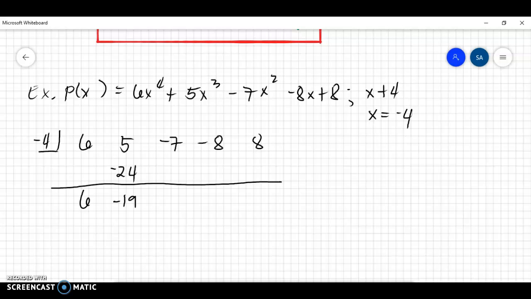Negative 19 times negative 4 is equal to positive 76. Positive 76 plus negative 7, that is 69. 69, your favorite number. 69 times negative 4, we have negative 276 plus negative 8, so that is negative 284.